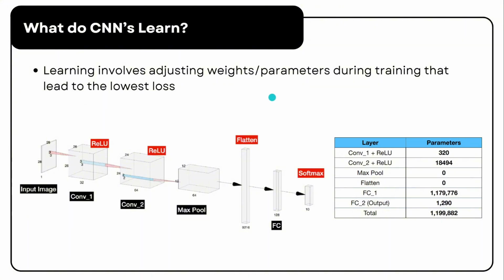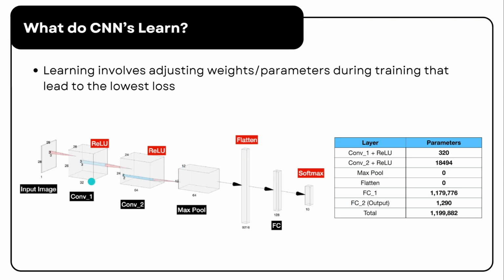That's the fundamental idea. Now, let's take a look at this CNN architecture shown here. You can see the different layers: the convolutional layers, the activation functions like ReLU, max pooling, and fully connected layers. And finally, the output with softmax.